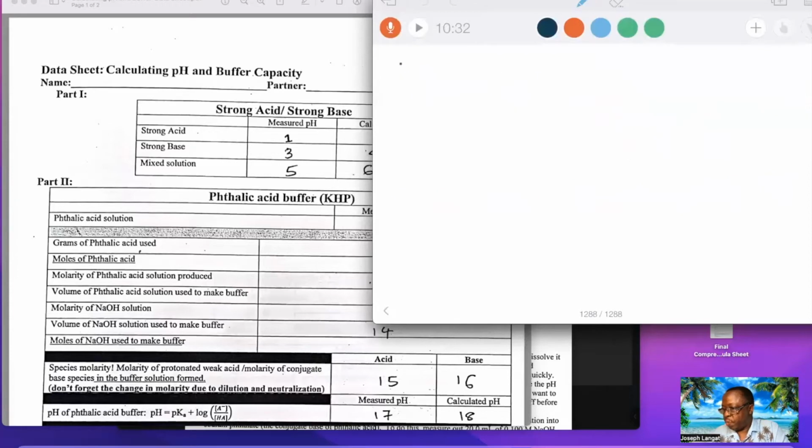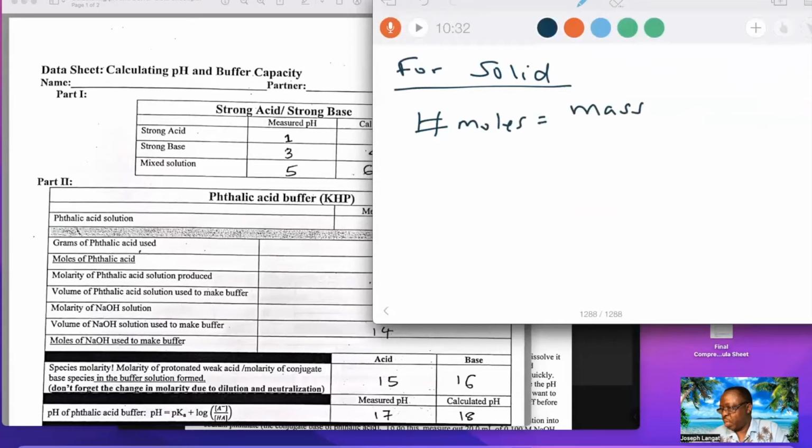Now, for a solid, the number of moles is given by the mass in grams over molar mass.